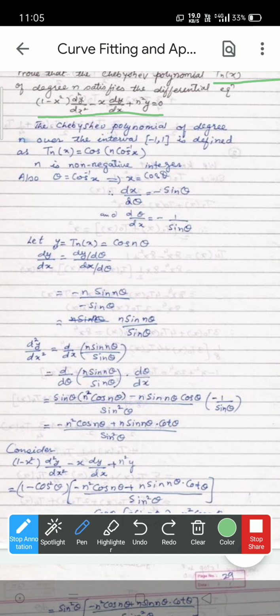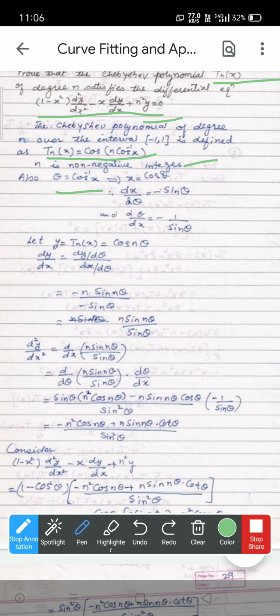This Tn of x satisfies this equation. The Chebyshev polynomial of degree n over the interval minus 1 to 1 is defined as Tn of x is equal to cos of n cos inverse of x, where n is any non-negative integer.